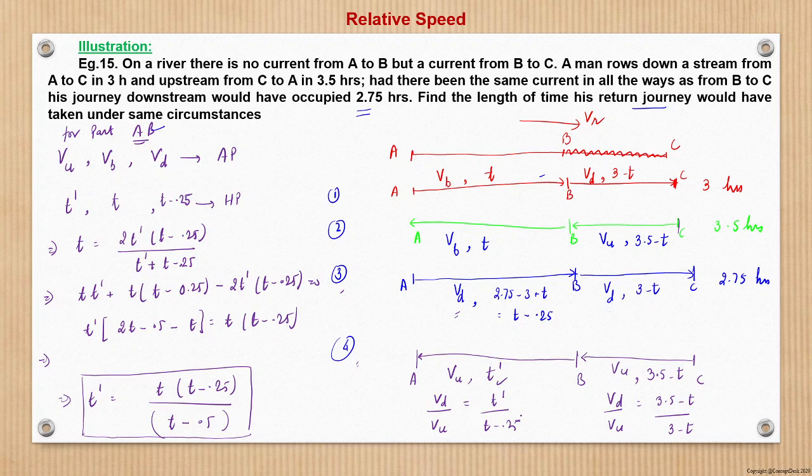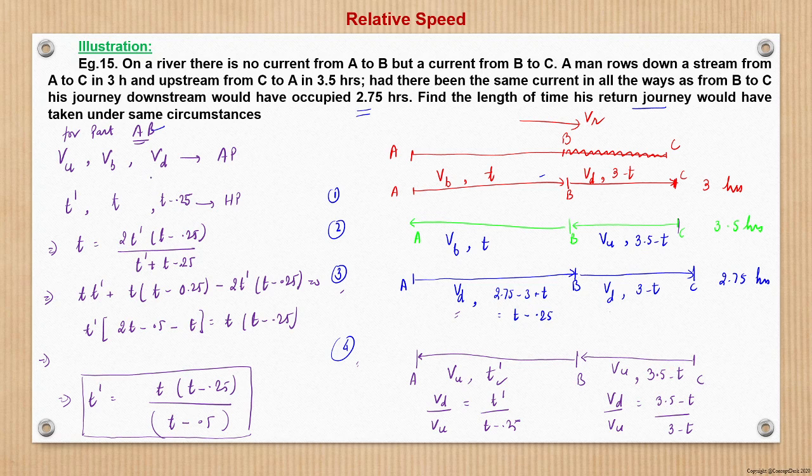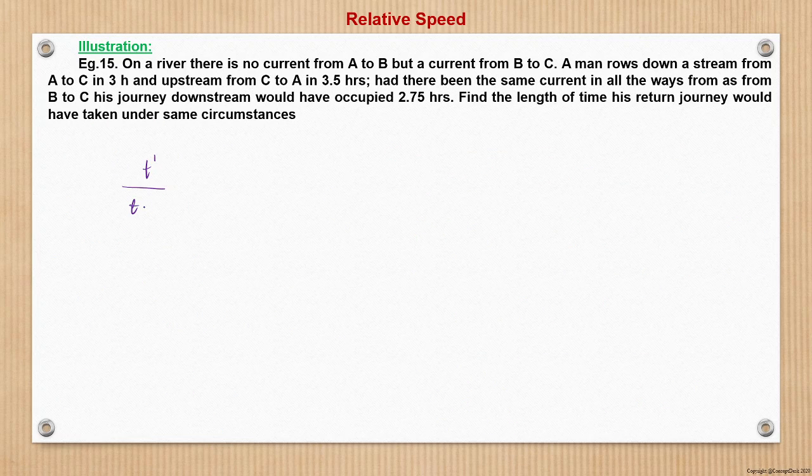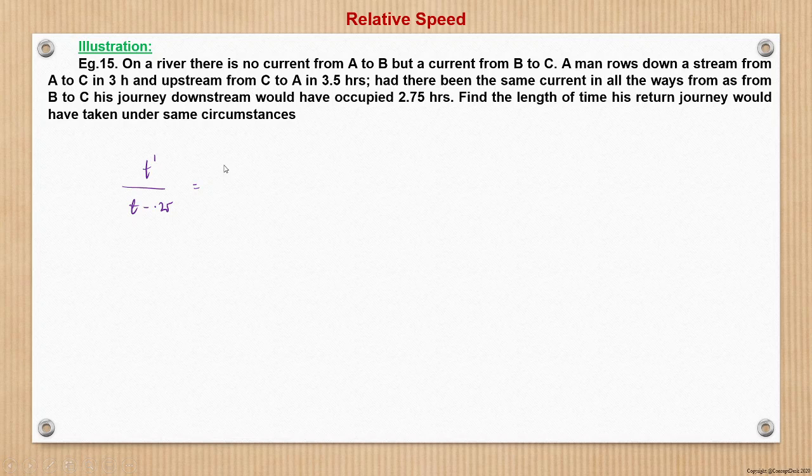So basically that is t dash upon t minus 0.5 is equal to 3.5 minus t upon 3 minus t.